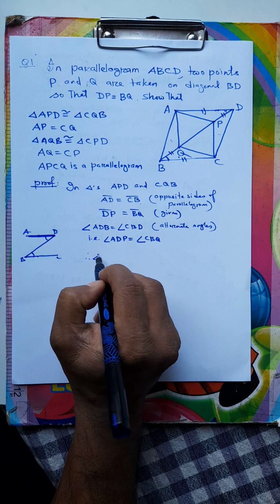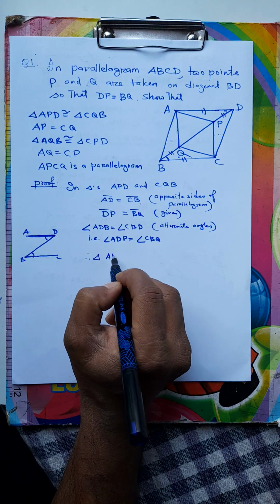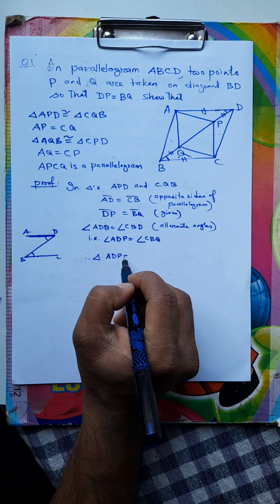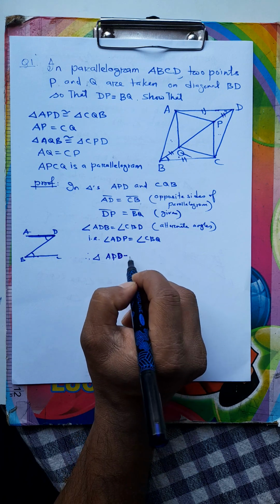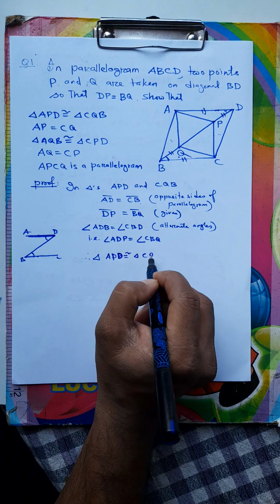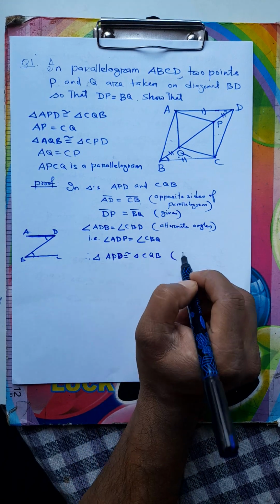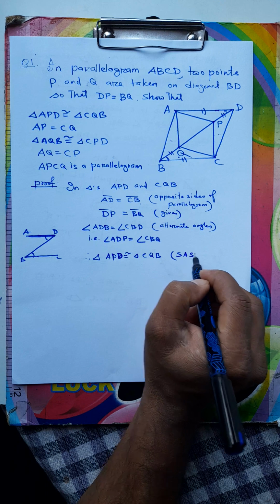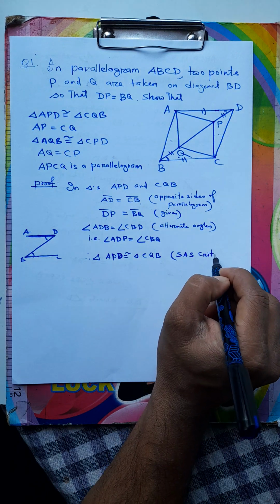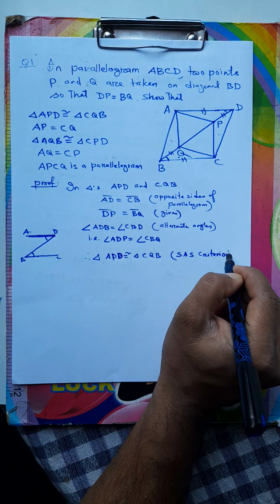they are equal. So these two triangles are congruent. Therefore triangle ADP, or you can say APD congruent to triangle CQB by virtue of SAS criteria, right?